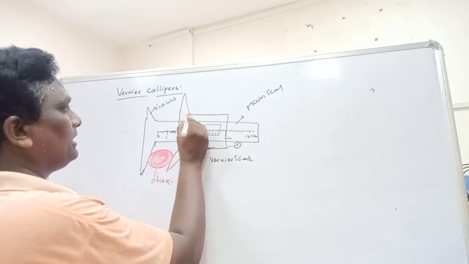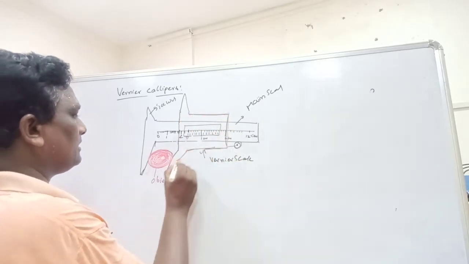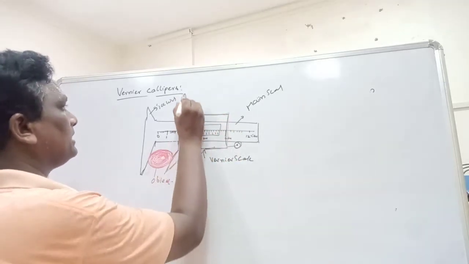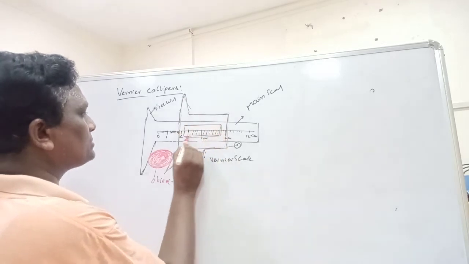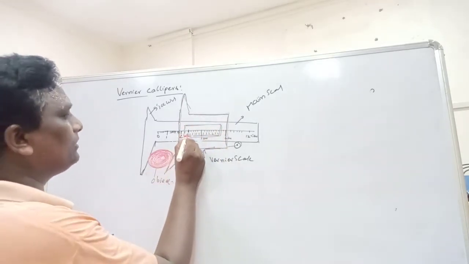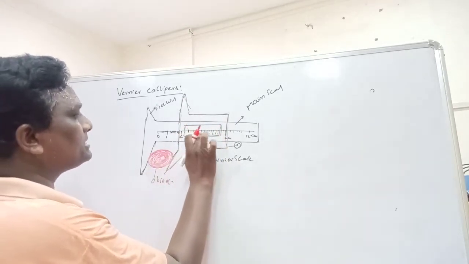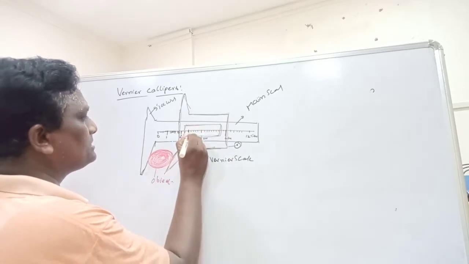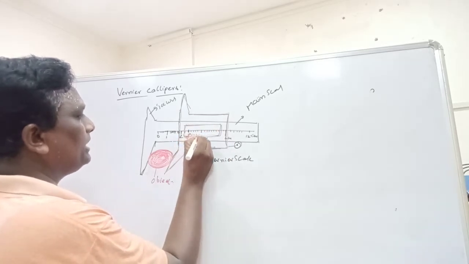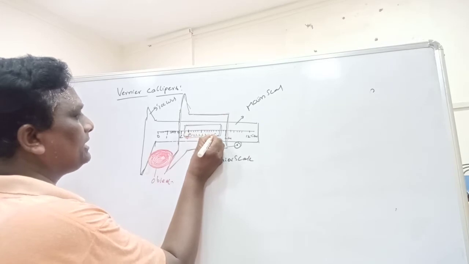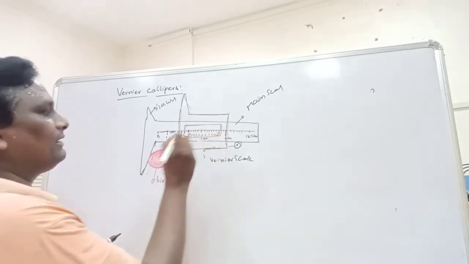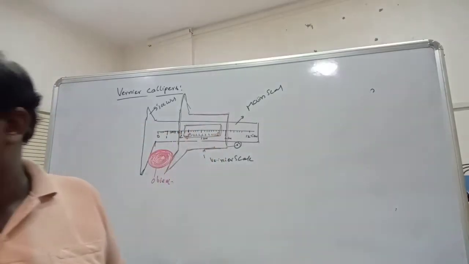This is the Vernier scale. See the Vernier scale values. I am writing the Vernier scale values in red: 0, 1, 2, 3, 4, 5, 6, 7, 8, 9, 10. Total 11 lines are there, 10 divisions. Any doubt?